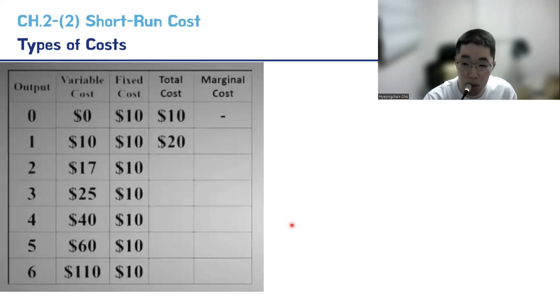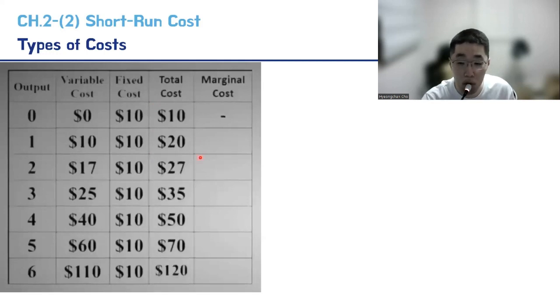So remember, that is because you have to pay that fixed cost. For one unit, it is $20. And for 2 units, it is $27. Then 35, 50, 70, and finally 120, right?